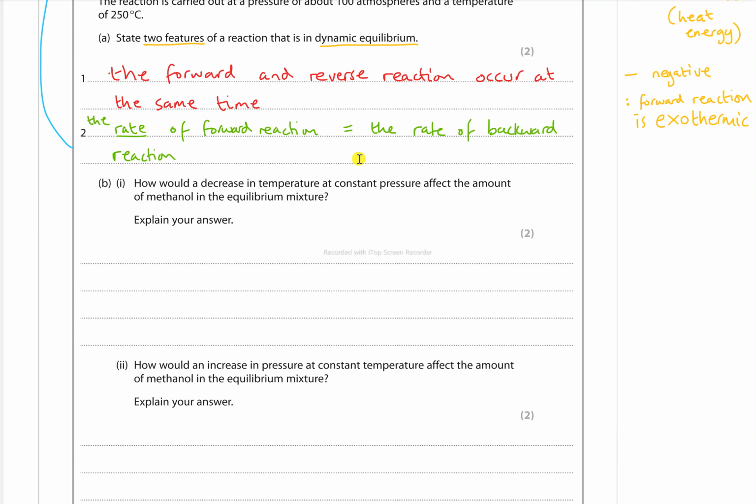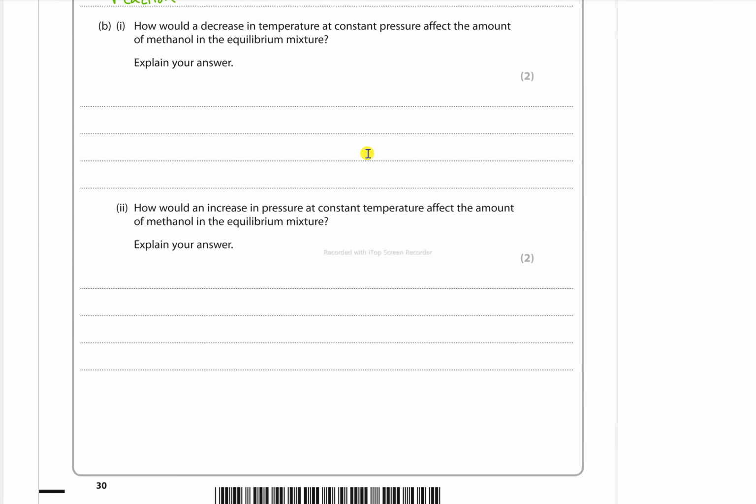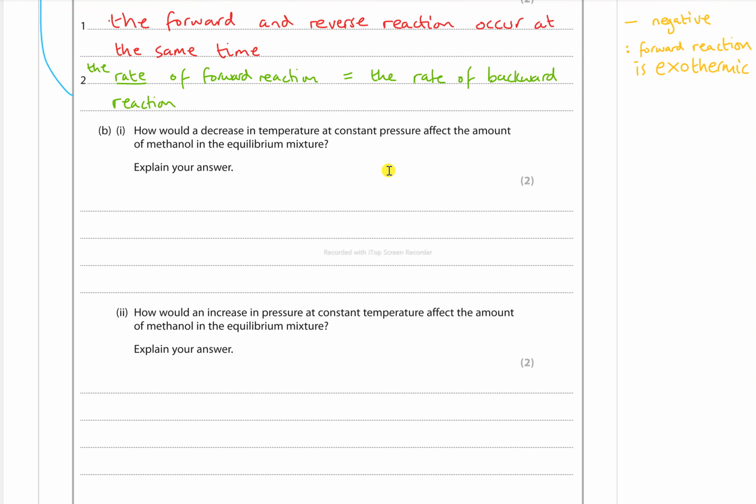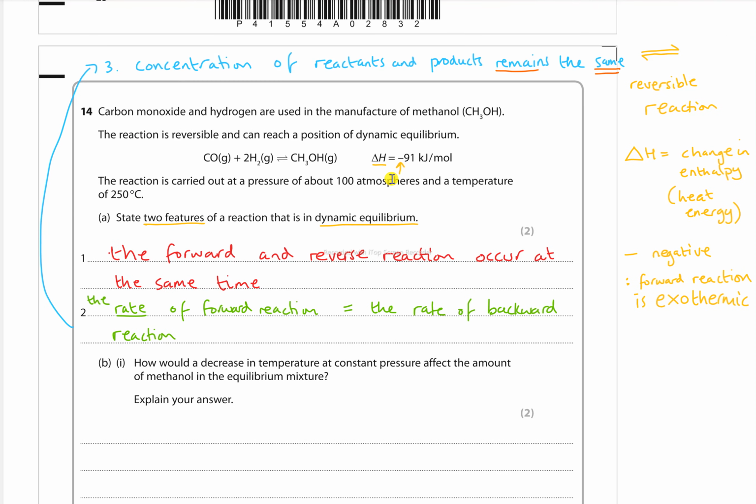Right, how would a decrease in temperature at constant pressure affect the amount of methanol produced? Right, we've now got to go back to this. So look, there's the equilibrium sign. The negative indicates an exothermic, so this is the hot side and this is the cold side.